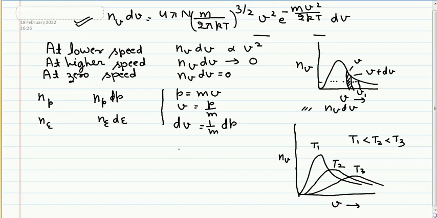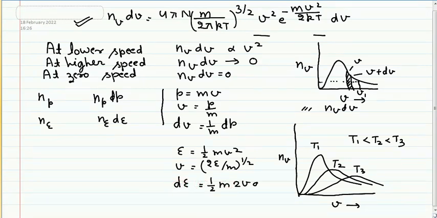In a similar way, we know that energy is equal to half mv², and therefore velocity is equal to (2E by m) to the power half, or under root, and we can write dE is equal to half m into 2v dv.